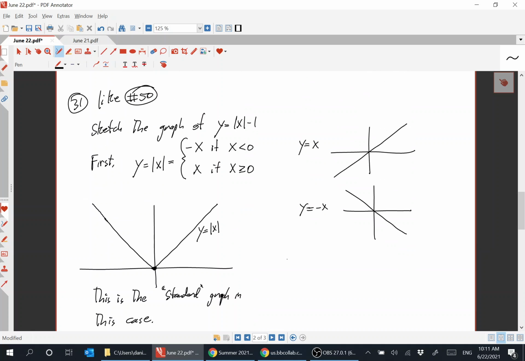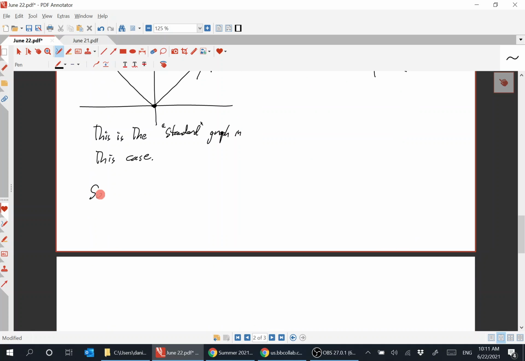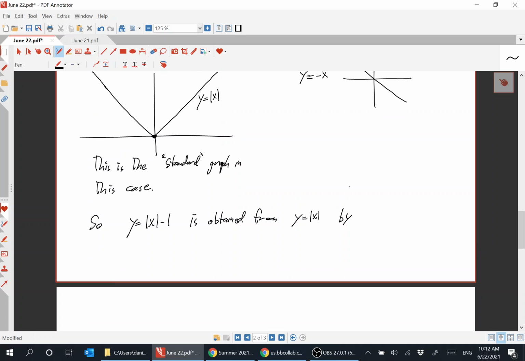So in number 31, y equals absolute value of x minus 1 is obtained from y equals absolute x by doing what? So the standard function f of x is just absolute value of x.